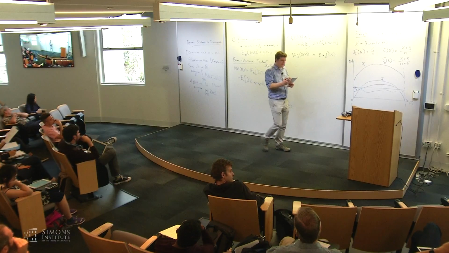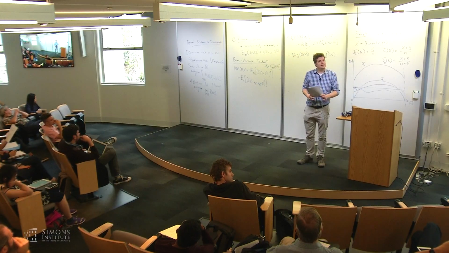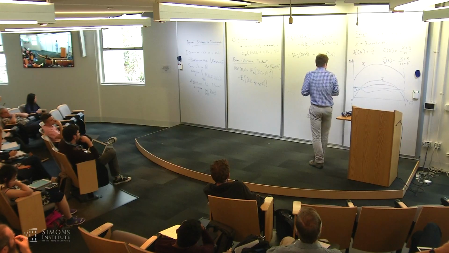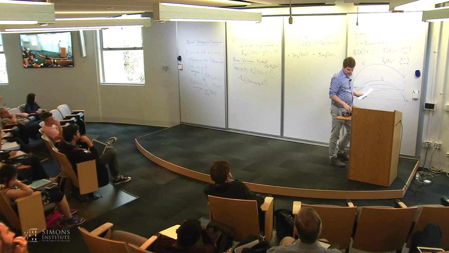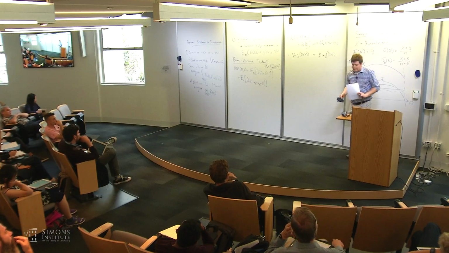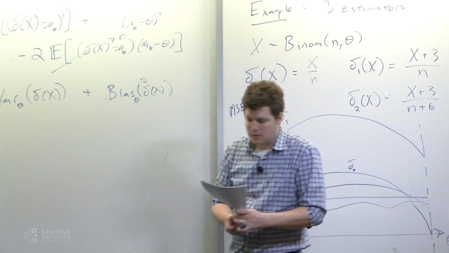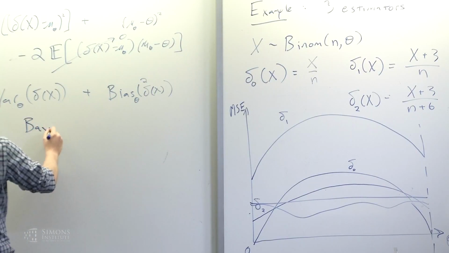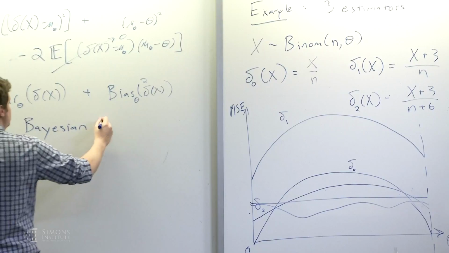And in that case, there's a lot less that we need to say. All the things that we've been saying here about trade-offs and properties of different estimators become moot. So in Bayesian inference, everything is in some sense a lot more simple.